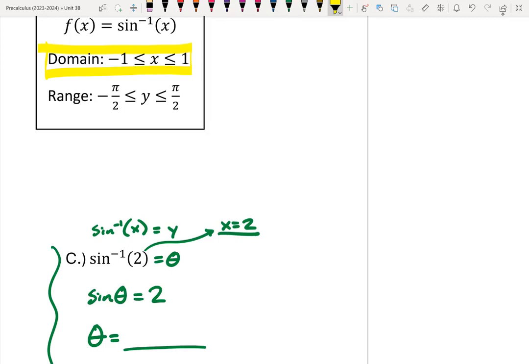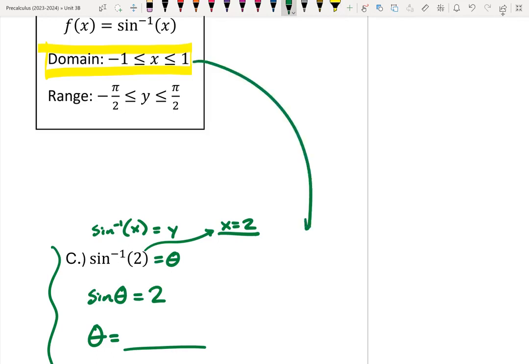I wouldn't say necessarily undefined, because tangent has that answer of undefined at pi over 2, right? But I would say no solution, because there is literally no place where sine is going to be equal to 2. That is outside of our range.